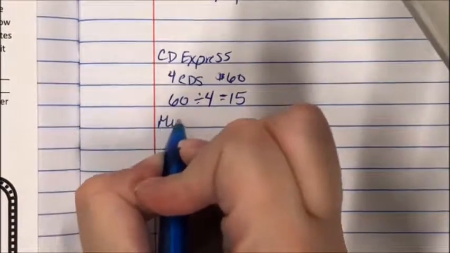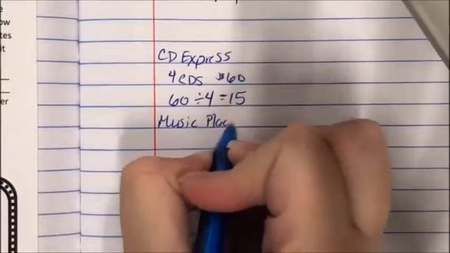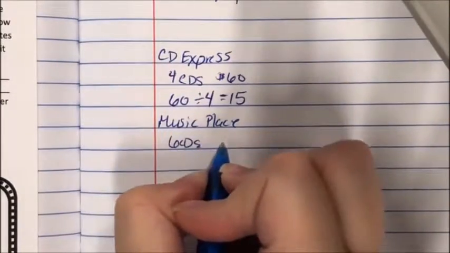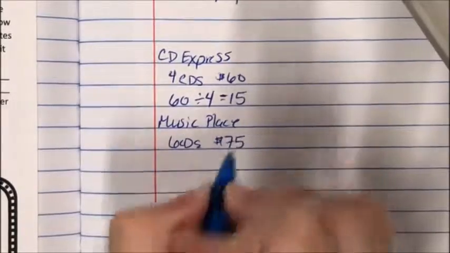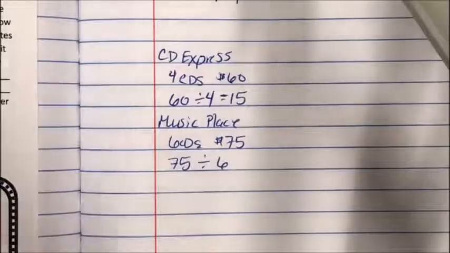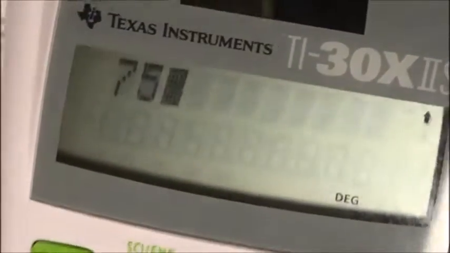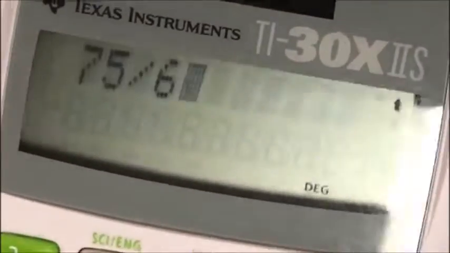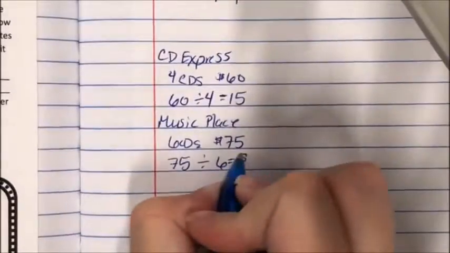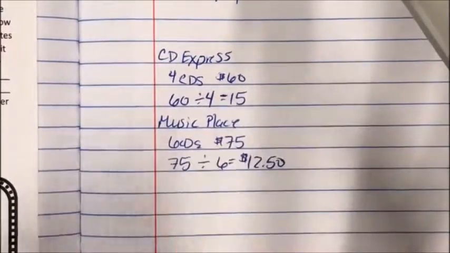Then Music Place has 6 CDs for $75. So I'm going to take 75 divided by 6. That's 12.5, or $12.50.